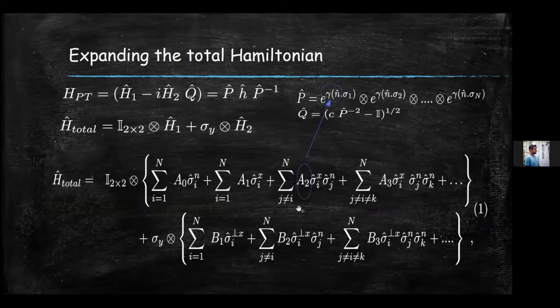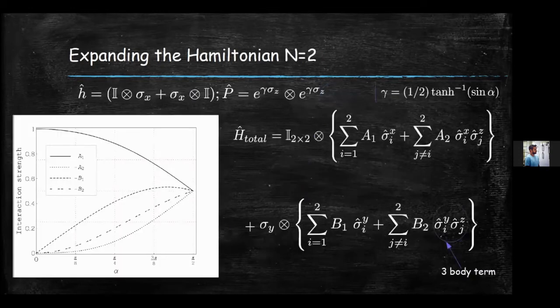Now we try to focus on these coefficients and look at their amplitudes, and how they're behaving. In order to do that, we take a particular case of only two spins, where we have two Hermitian spins to start with, and then we give them the similarity transformation, which leads us to two non-Hermitian PT-symmetric free spins, which we then embed using another single spin, leading to the following Hamiltonian here.